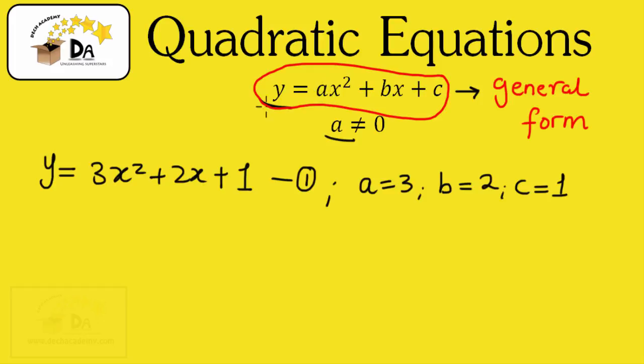Therefore, this equation is such that its a term is 3. Similarly, the coefficient of x here is b, the coefficient of x here is 2, so b is 2. This equation has a constant term, so does this one. c is 1. That's all we've done.